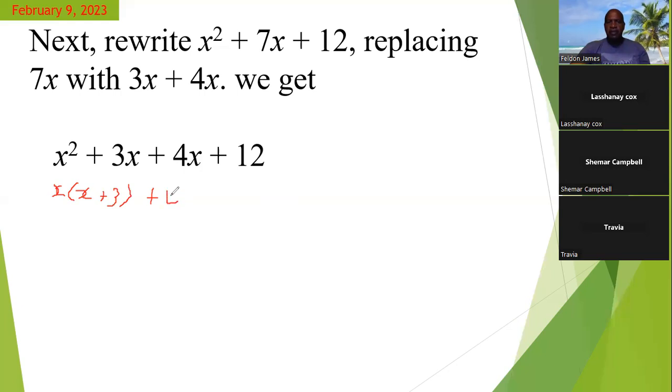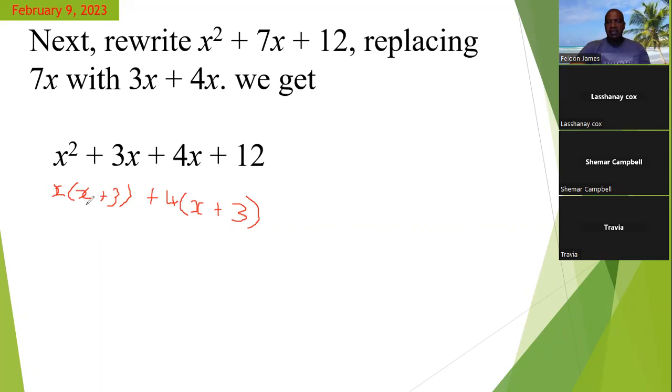So we pull out 4 as the common factor. We divide each term by 4. 4x divided by 4 gives you x. And 12 divided by 4 gives you what? 3.